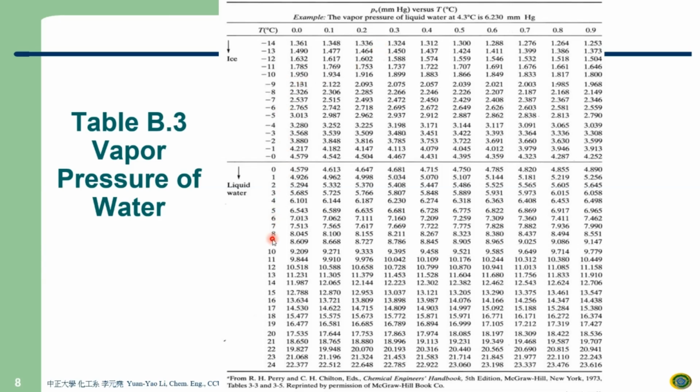This is the ice, this is liquid. So 6.0, 6.1, 6.2, 6.3, and this is the partial pressure at a temperature of 6.3, right?